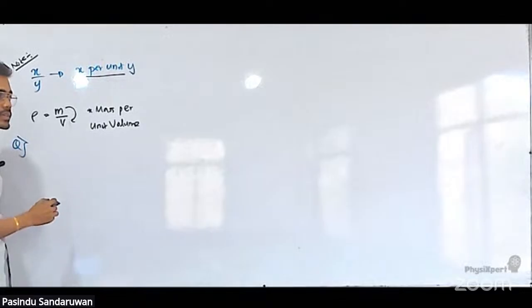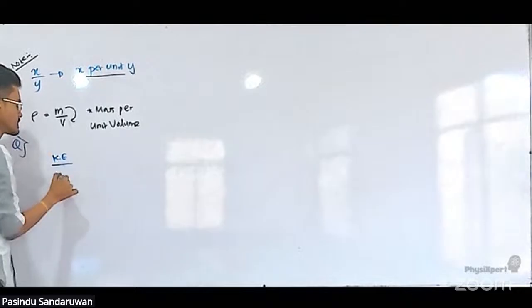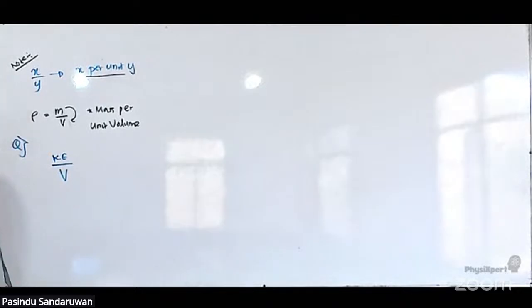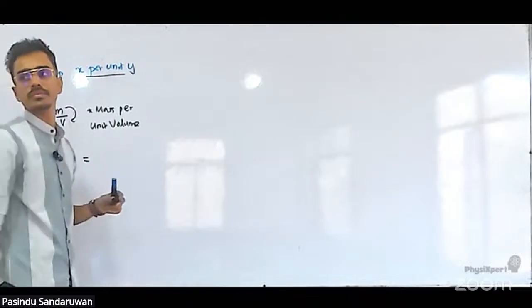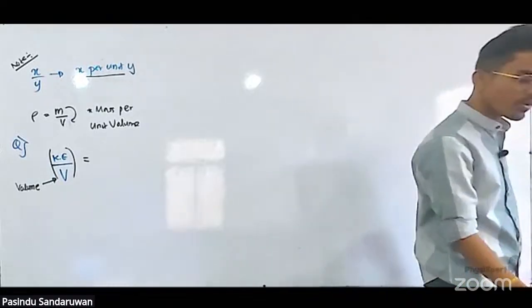Kinetic energy divided by volume. Kinetic energy per unit volume is this. Mass per unit volume, x per unit y, kinetic energy per unit volume. And this is not velocity, this is a volume. Be mindful. Now I need all possible units for this ratio.